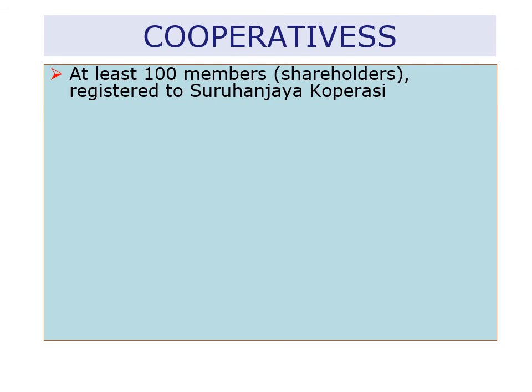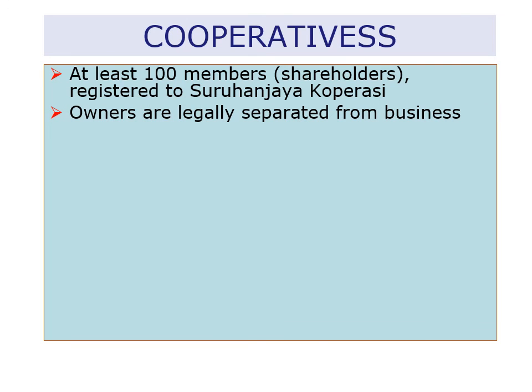And the cooperatives are another form of business in Malaysia. The members or the owners, at least 100 for the shareholders, are registered with Suruhanjaya Koperasi. Other than corporations, you need to register with the companies registrar.